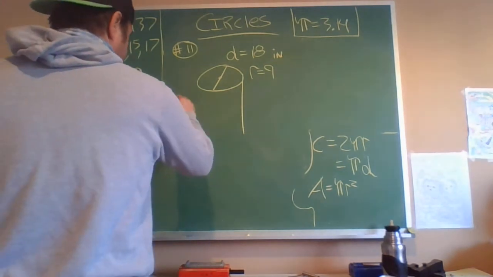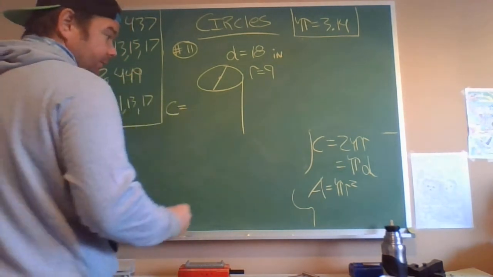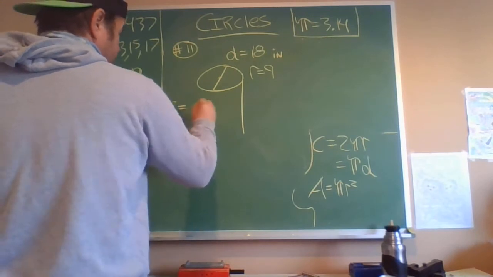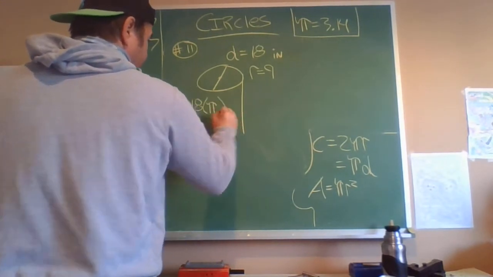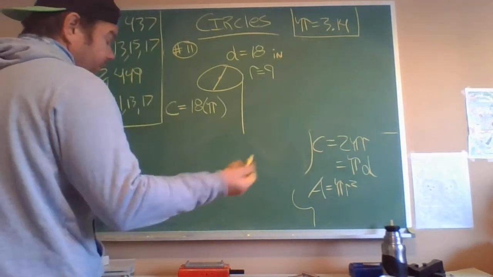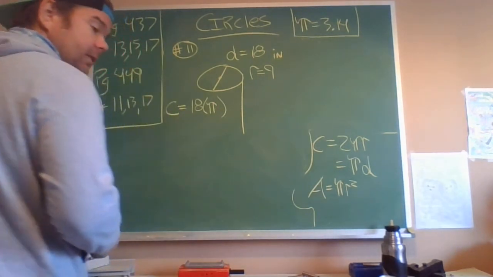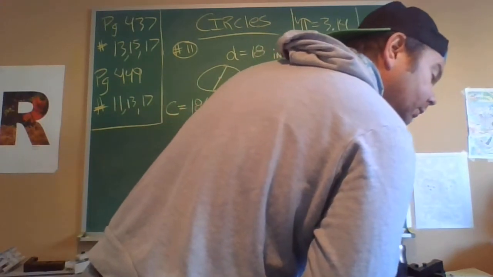We can just get right in, starting with the circumference, which is going to literally just be the diameter times pi, which is a legit answer. But in the book it says to use pi equals 3.14.